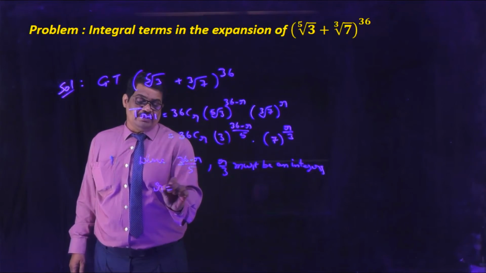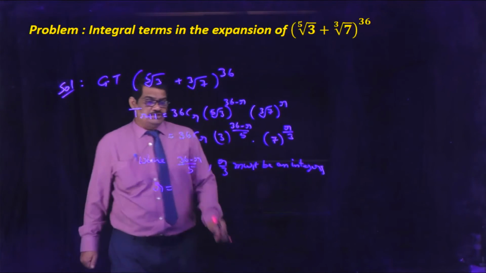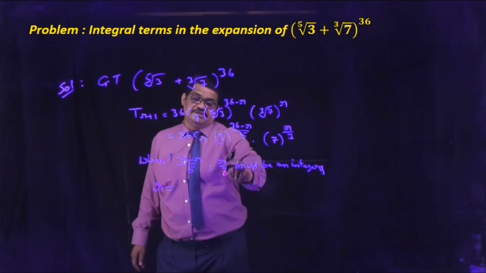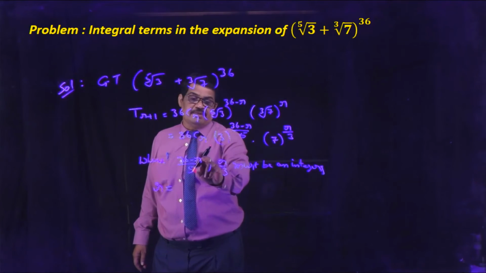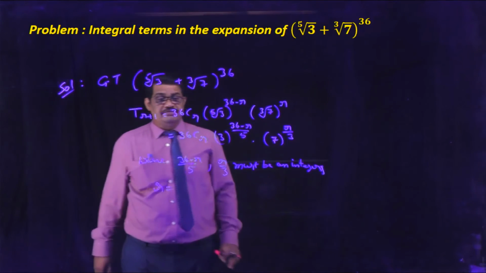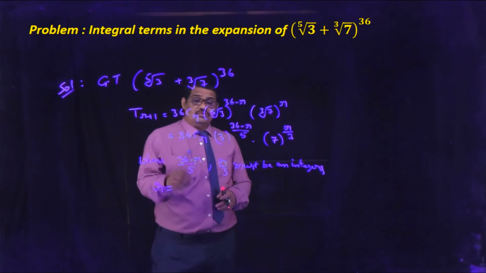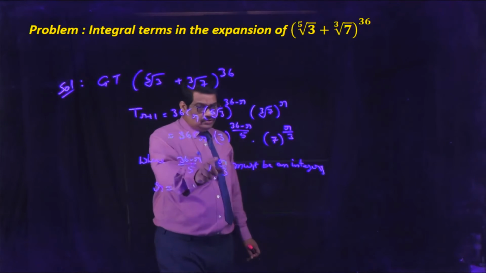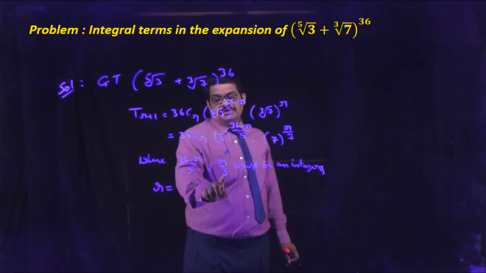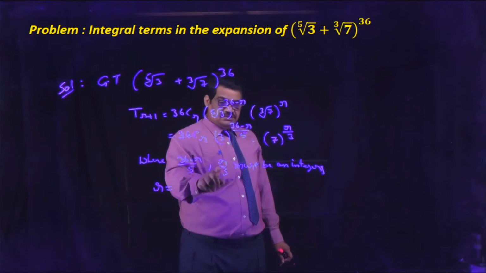If we take R equal to 0, R by 3 is an integer, but 36 minus 0, that is 36 by 5. 36 is not divisible by 5, so we do not take R equal to 0. If we take R equal to 3, it is an integer, but 33 by 5 is not an integer.